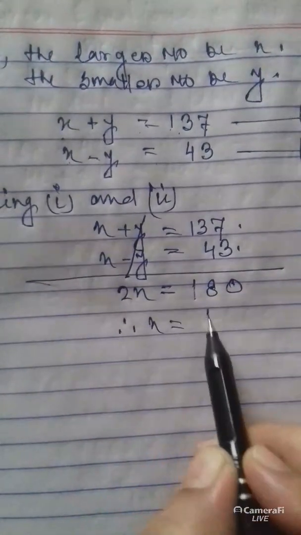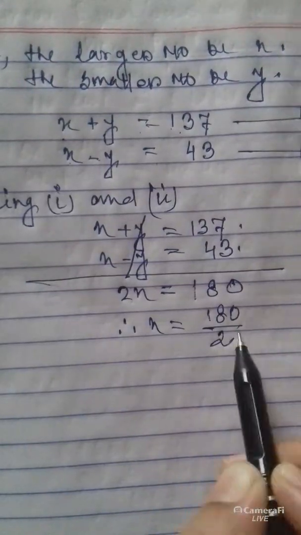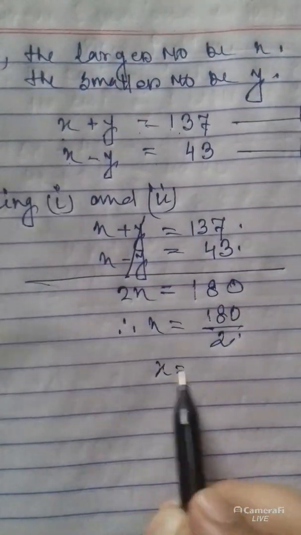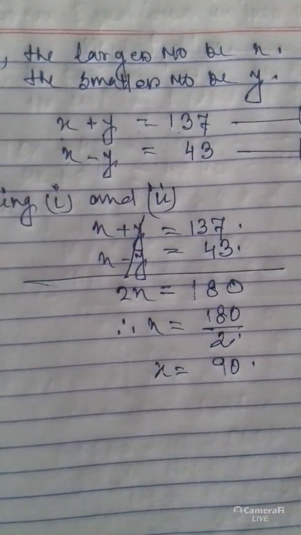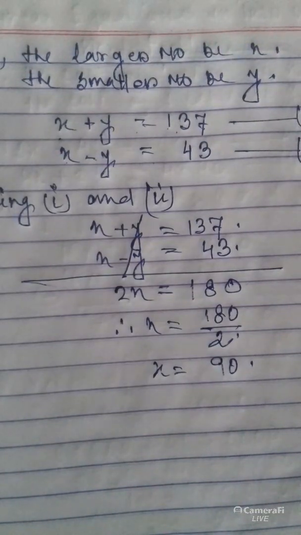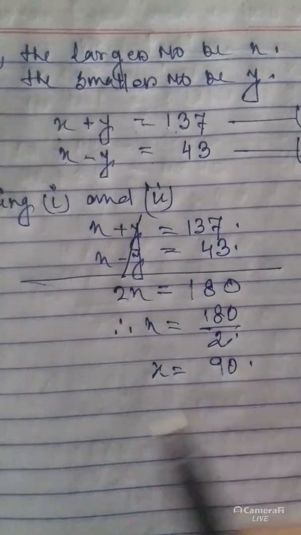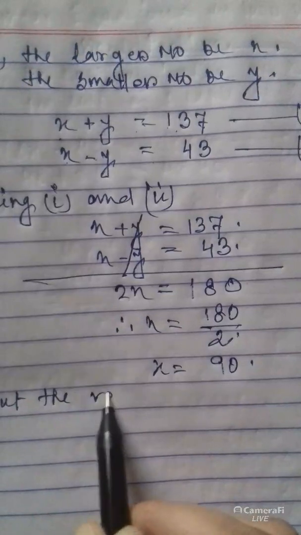Therefore, x equal to 180 by 2. Then x equal to 90. Then put the value of x.